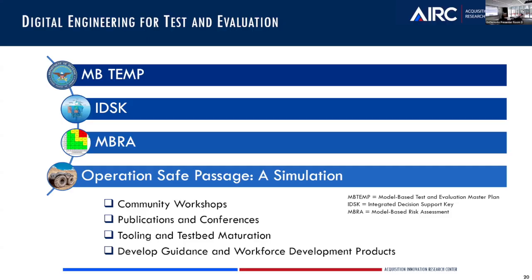But there is some work going on, and essentially, what the IDSK is, it's been defined what that integrated decision support key is. It's a lot of the content that you need to support decisions for test and evaluation, and the form that can take. I will definitely defer to Jeremy on this, but it seems to be able to take a fair amount of different forms.